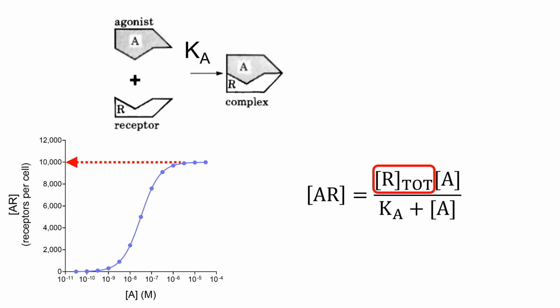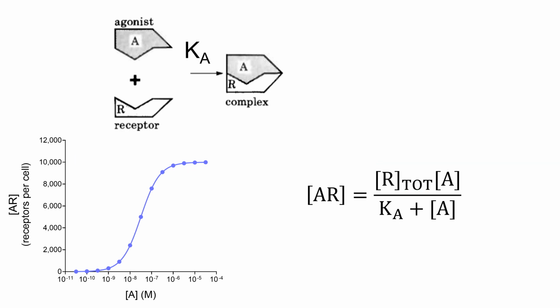Second, we have the number of receptors available to bind the agonist, which we term R tot here. When we have enough agonist, we saturate the receptors, and so the plateau level here is equal to R tot. In this case, R tot is 10,000 receptors per cell, as you can see in the graph.